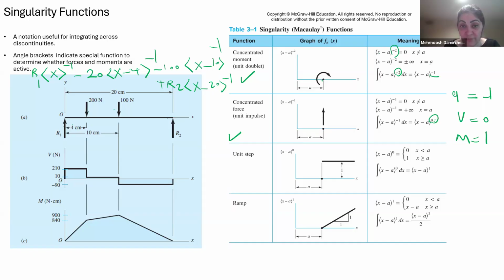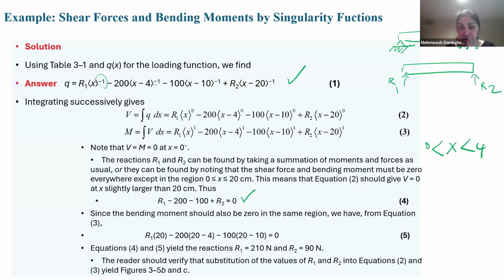Before a it is 0, but after a it is 1, yeah? Or for the ramp, before that it is 0, after that it should be exactly the equation of x minus a. Okay, back to here. For V, or shear force, what does that mean? When we are between 0 and 4, we have not reached this, not reached this, not reached this. The only V that is left should be R1. That R1 here is 210.